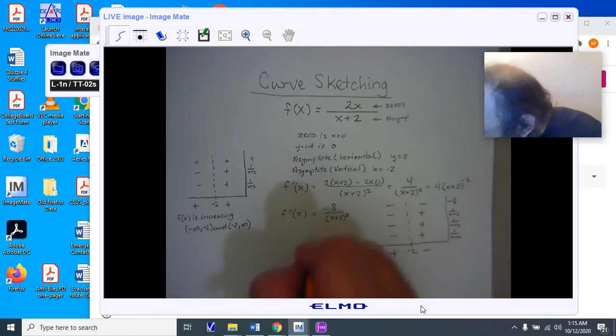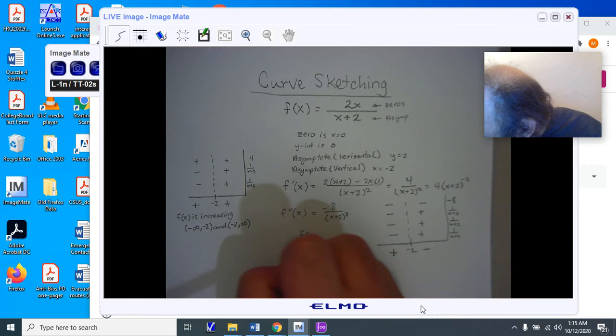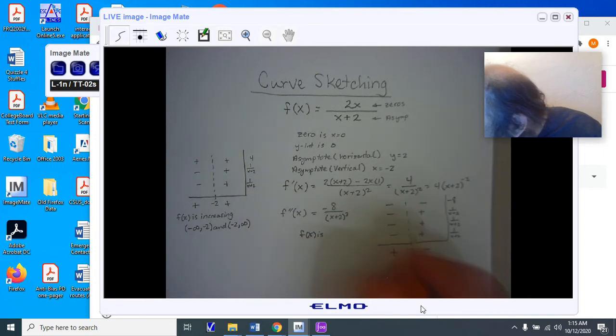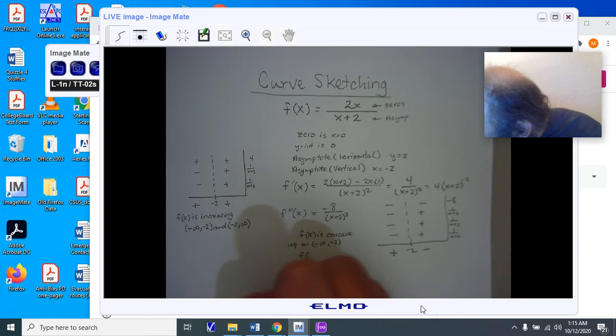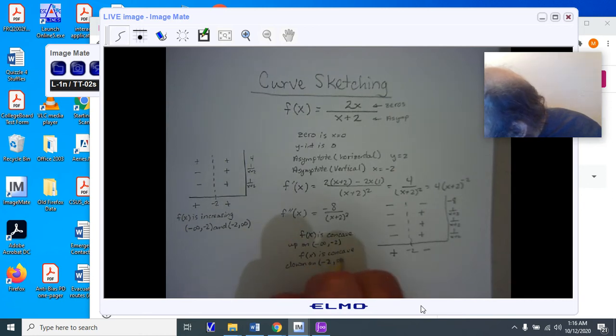Now, this is telling me that f is concave up on negative infinity to negative 2, and f is concave down and this is happening on negative 2 to positive infinity.